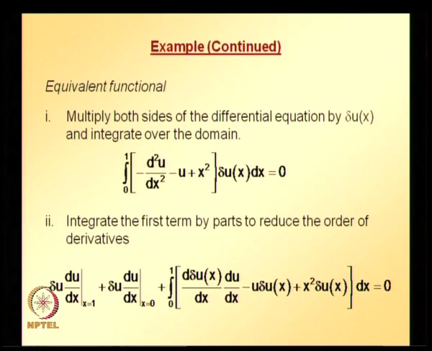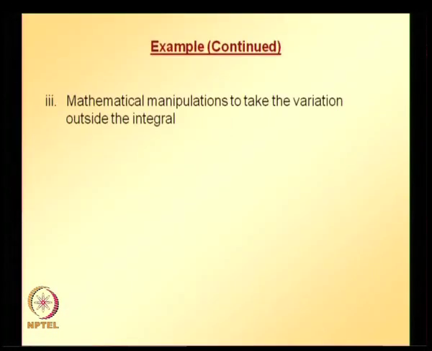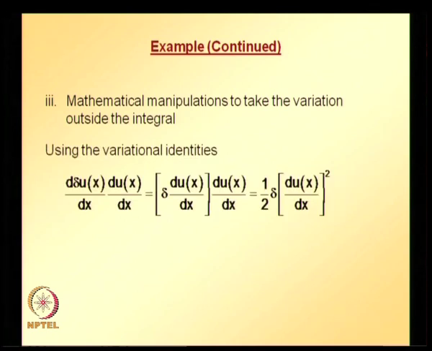Now let us see the boundary conditions that are given. One of the boundary conditions that is given is variation of u evaluated at x is equal to 0 is 0, and the first two terms we can actually simplify using some mathematical manipulations, and we will be using some variational identities here.